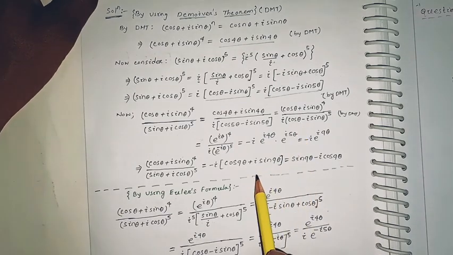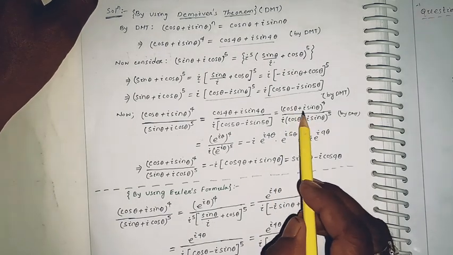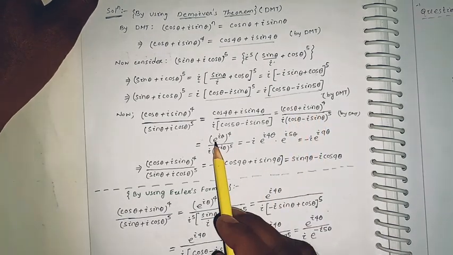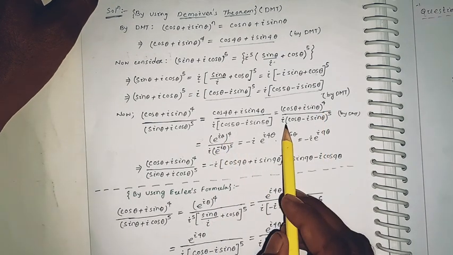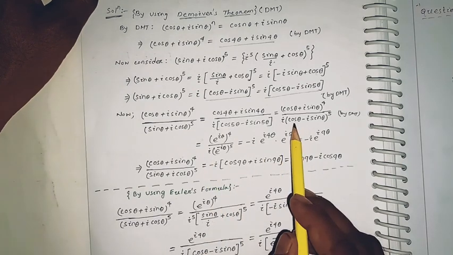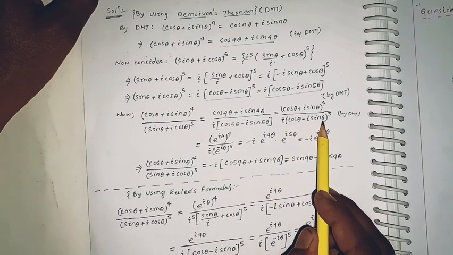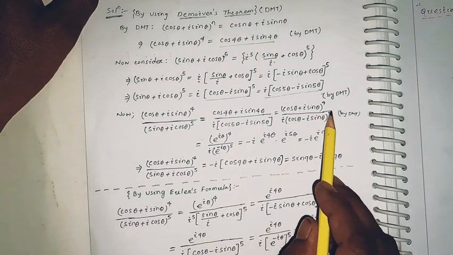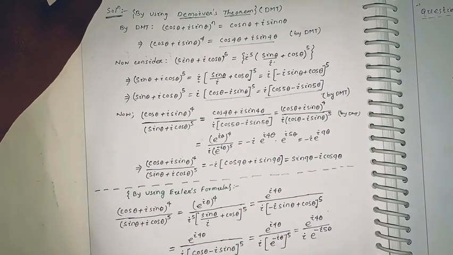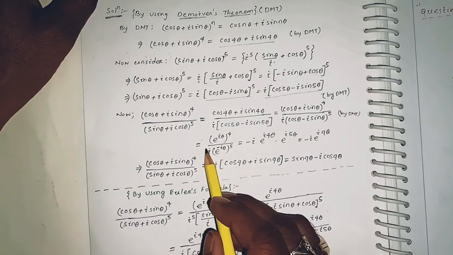Now we are going to apply Euler's formula for this one. Cos theta plus i sin theta is nothing but e to the power i theta, already to the power 4 is there. In the denominator, cos theta minus i sin theta will be written as e to the power minus i theta, already to the power 5 is there. Now here i is in the denominator.